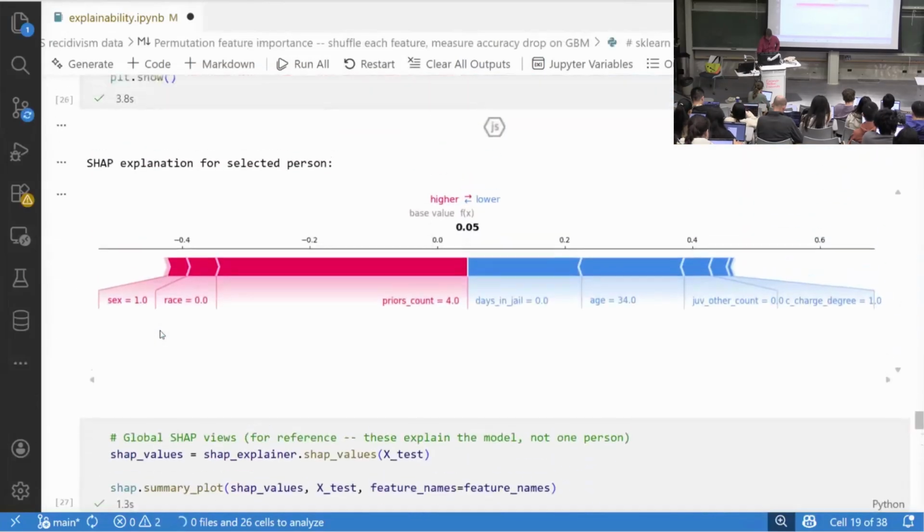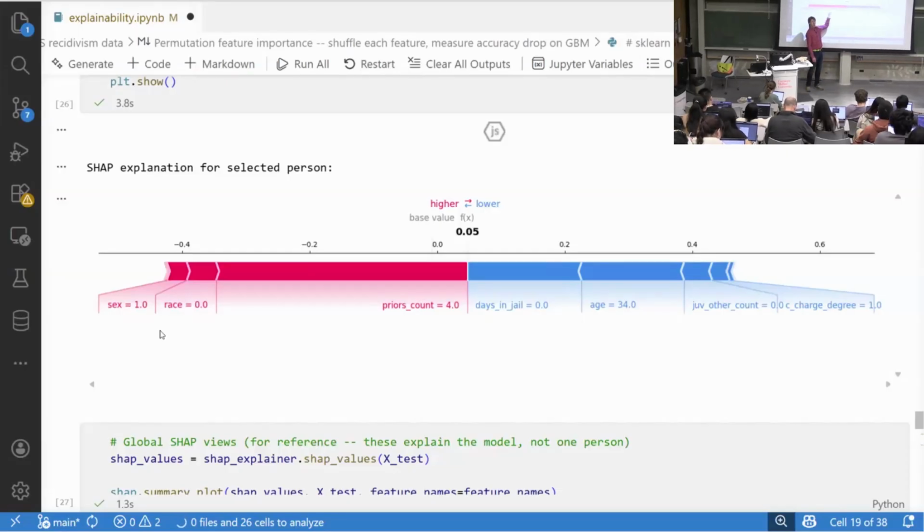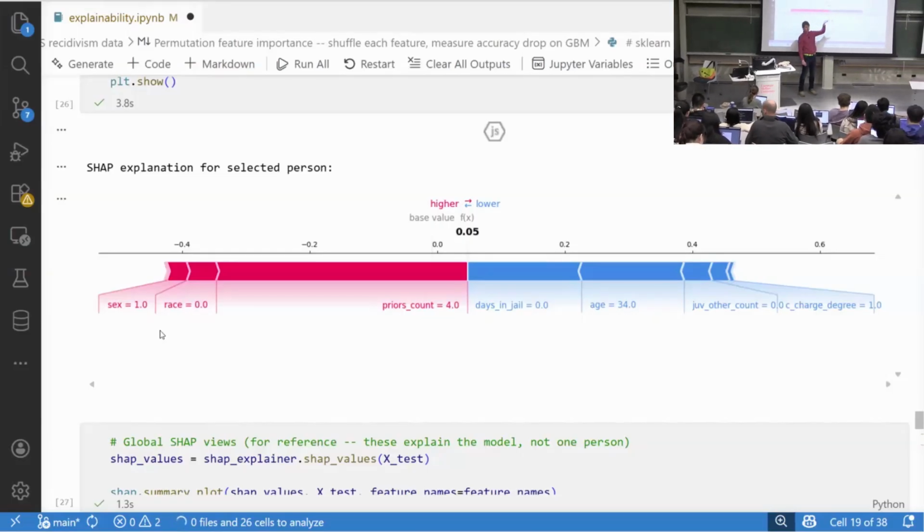Where are my SHAP values? So this is a SHAP force plot here that says, I forgot which, for prior conviction, male, some race, 34 years old. This one says the number of prior convictions were probably the most influential thing that pushed you in the direction of reoffending.